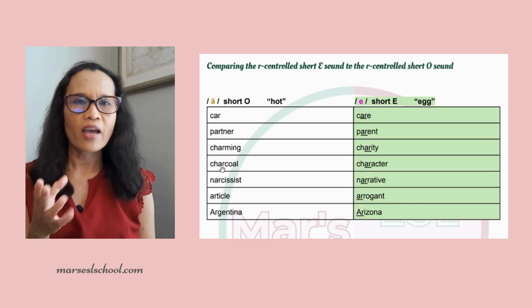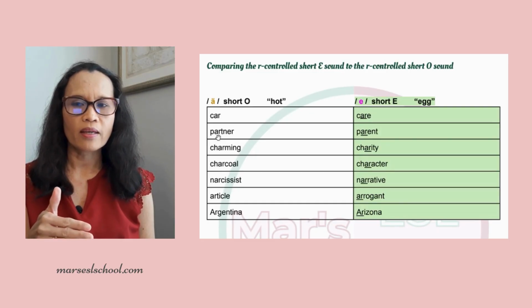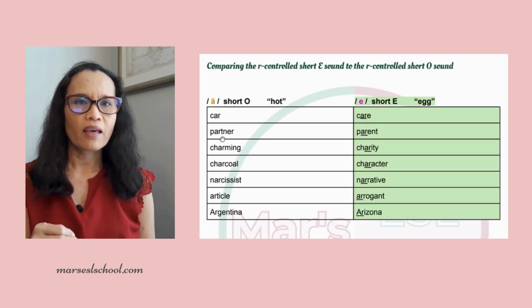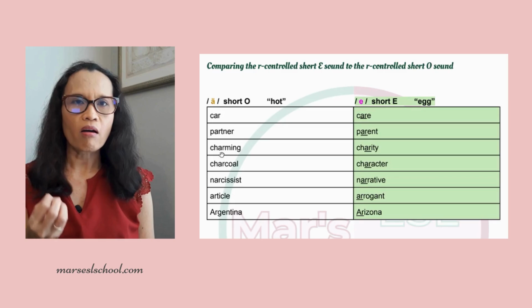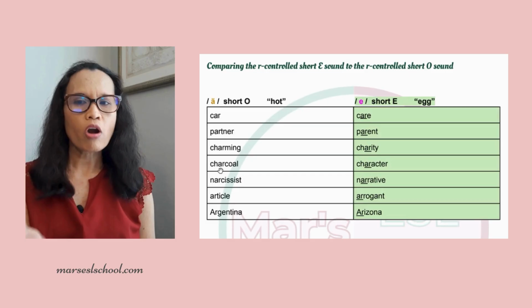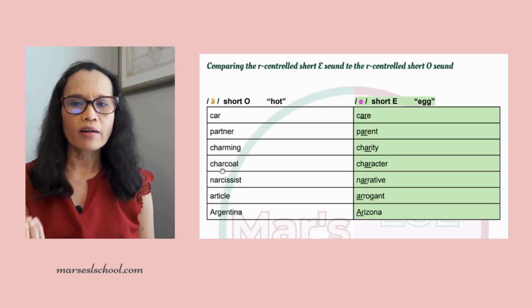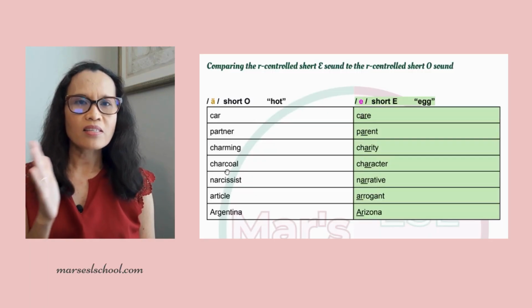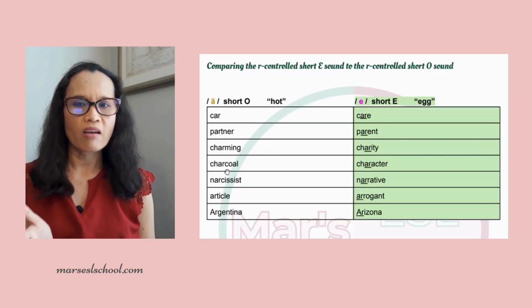So we have AR in the spelling. Now in partner, AR is followed by a T. In charming, AR is followed by an M. In charcoal, AR is followed by a C. These are all consonant letters after AR.